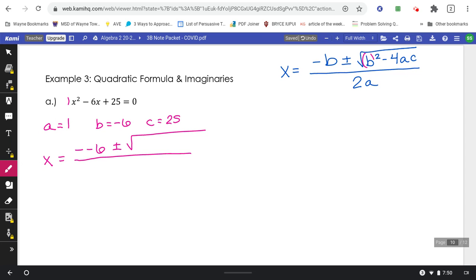Now, it's a good idea here to put that b in parentheses, especially if it's a negative. 4, and I like to put these in parentheses too, times a times c. Then in the denominator, we have 2. This is always a number 2, times our a value for this problem, which is 1.